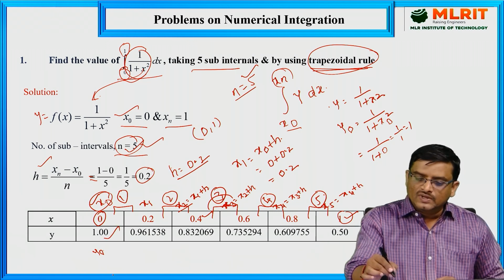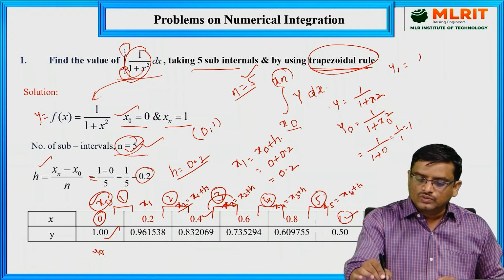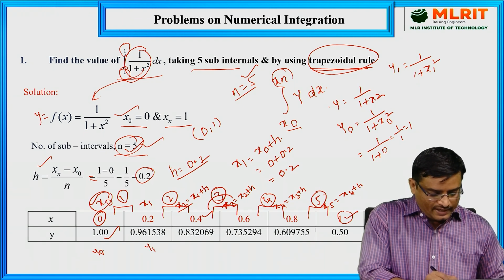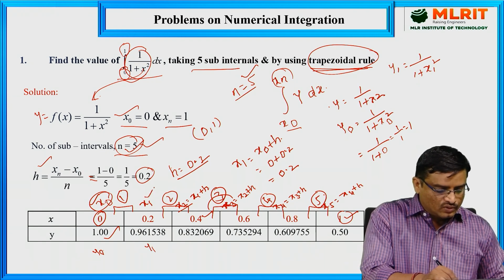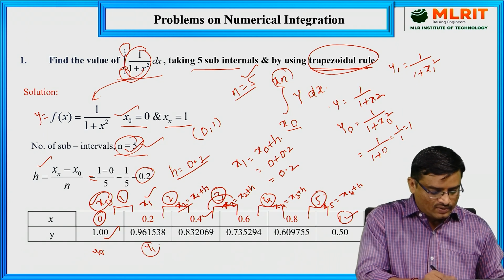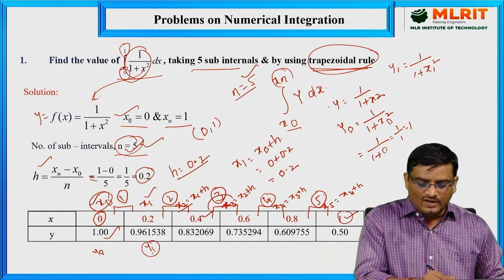Similarly, you take y1. y1 is equal to 1 by 1 plus x1 square, because y1 is the value of y at x is equal to x1. So we have to take the help of x1 to find the value of y1.